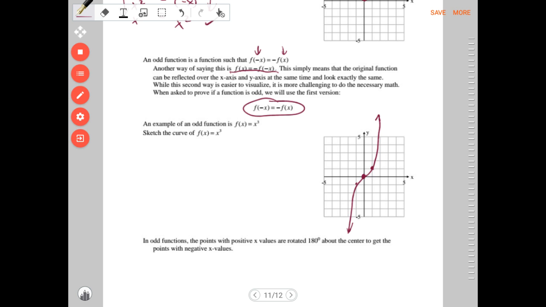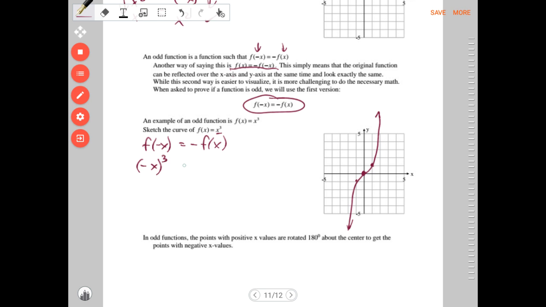So the idea is for this to be an odd function, this has to work. f of negative x has to be the same as negative f of x. Remember, f of x was just x cubed, so we replace the x with negative x cubed, and that's supposed to be the same as the negative of the original function, so negative x cubed.